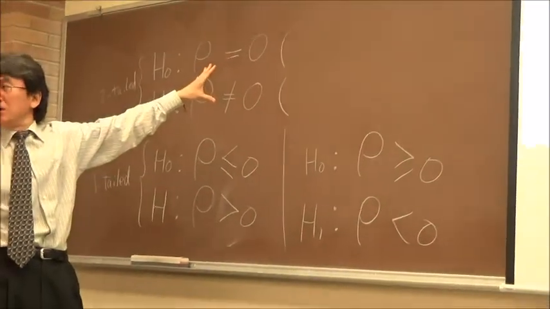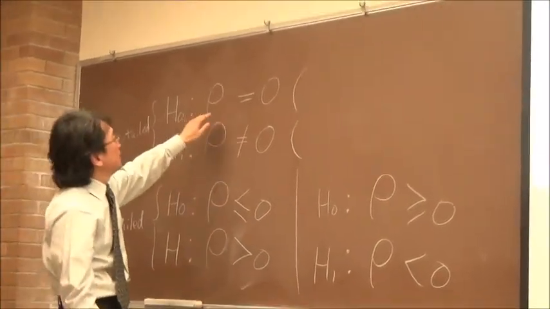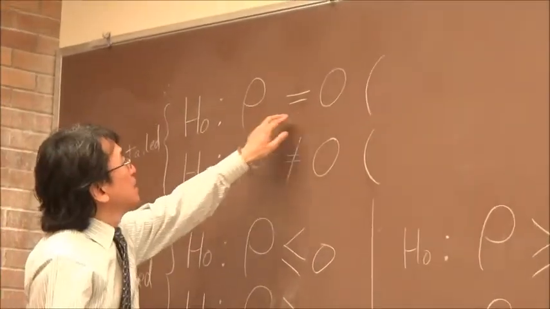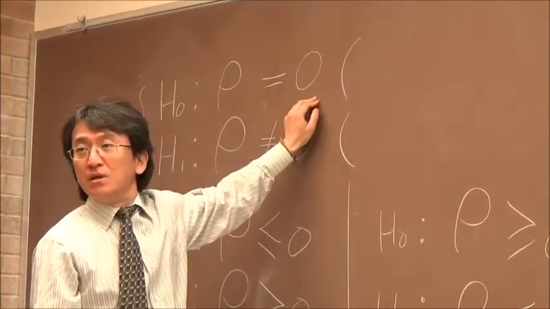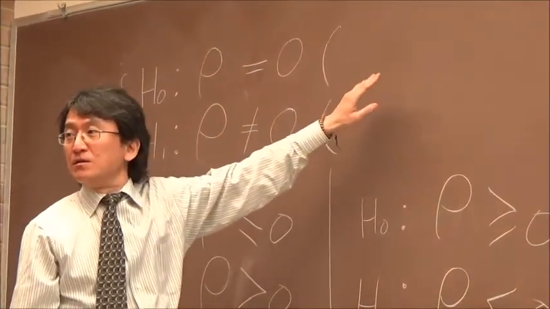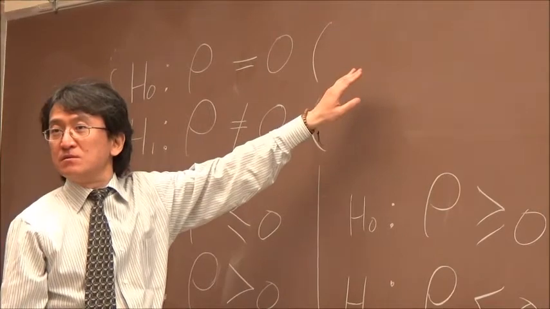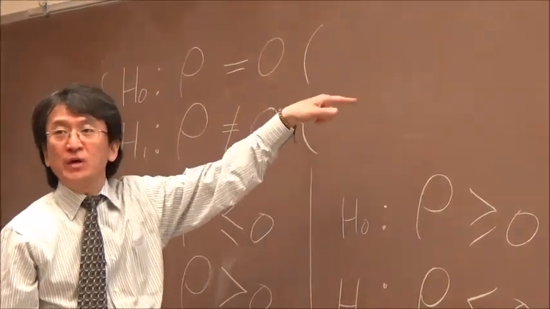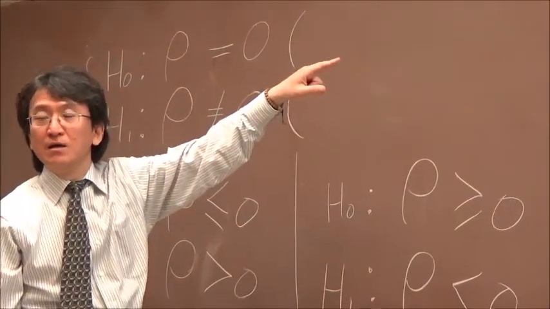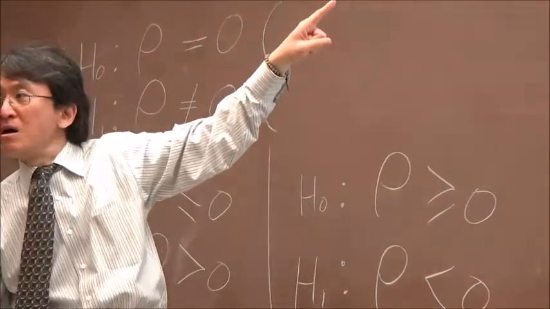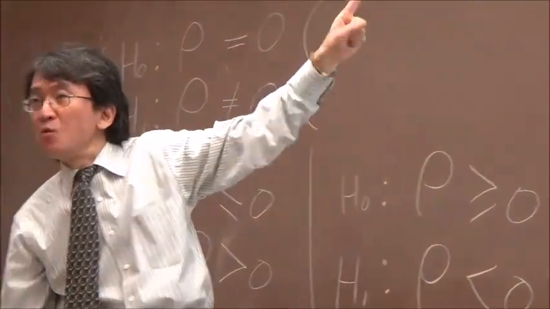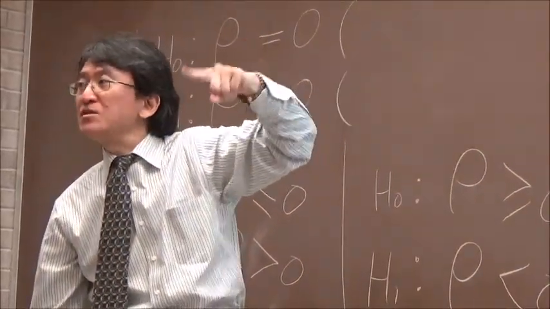Oh, by the way, we have to verbalize each hypothesis. In this case, you can say no correlation exists between x and y, or there is no correlation between x and y. In this case, x is quality of marriage, y is quality of parent-child relationship.